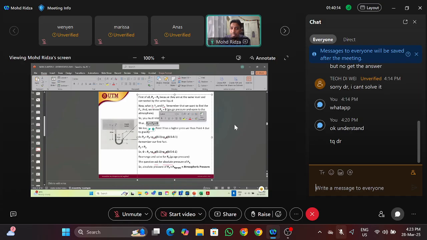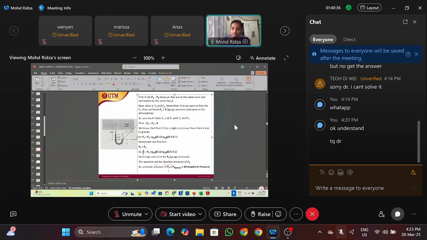This is gauge pressure. We understand this. P3 equals P4 plus rho m g 0.1 plus rho w g 0.4. And then we equate P2 and P3. So you have 0 equals P4. Here, for the time being, I'm using gauge pressure 0. Not a problem.